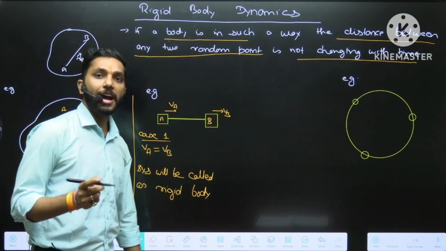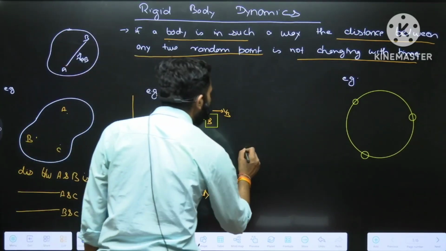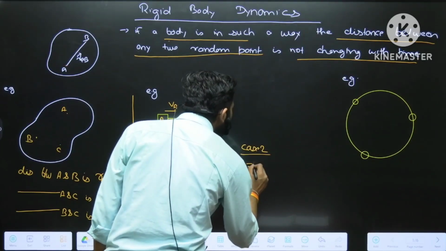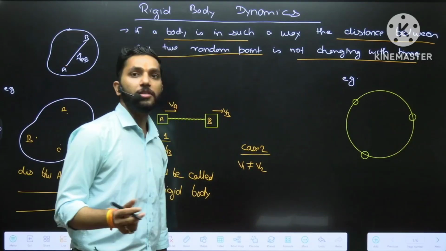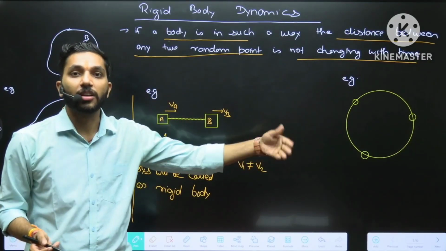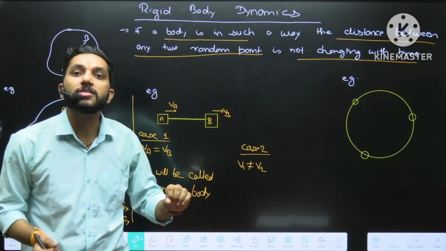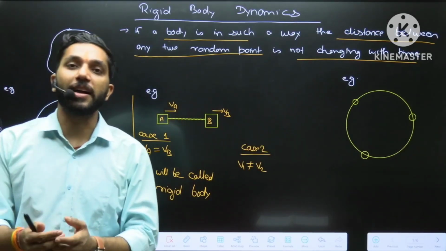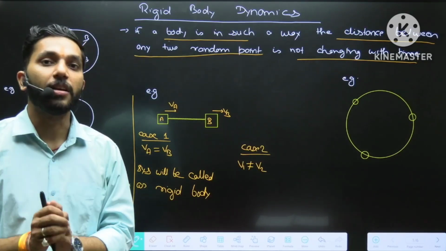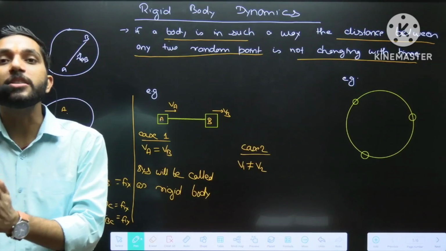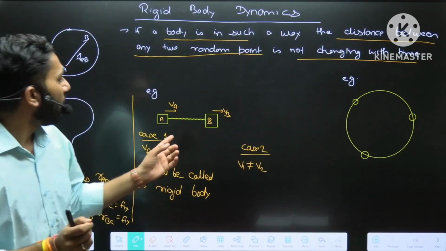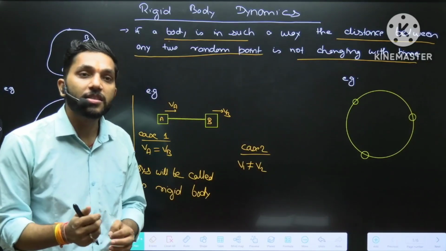In the other case, case 2, assume that the velocity of A is not equal to the velocity of B. Then what will happen? B will travel some distance and A will travel some other distance. The distance traveled by A will not be equal to the distance traveled by B. Then there will be some separation, some distance difference, with time.